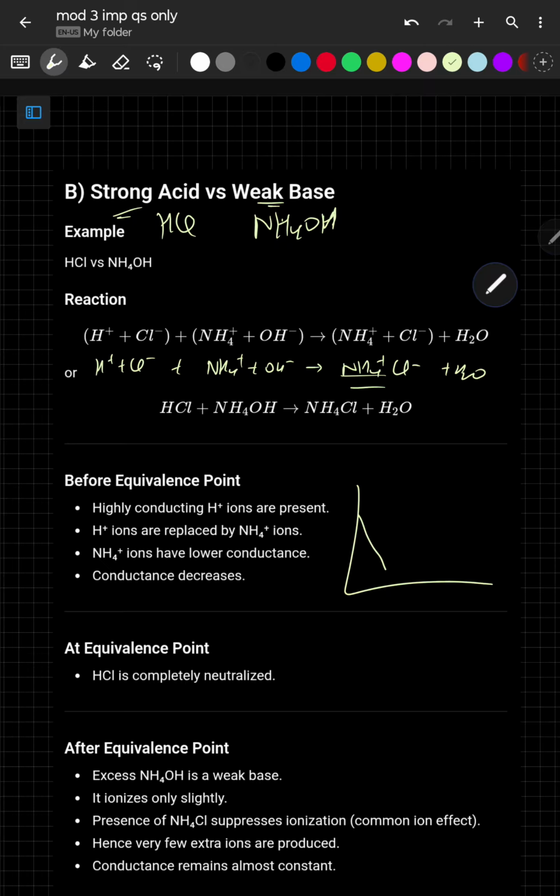When NH4OH is added after equivalence point, the NH4Cl which is present suppresses the ionization by common ion effect. Hence, very few extra ions are produced. So, the conductance remains almost constant. This is conductance versus volume of NH4OH, for the strong acid, weak base condition.